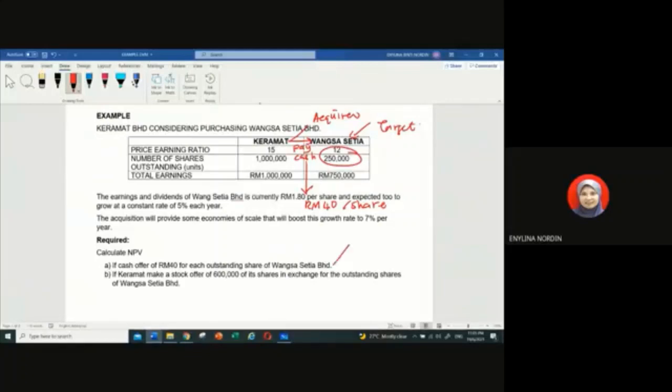So the cash offer paid by Keramat to Wangsa Setia is RM40 per share multiplied by 250,000 shares. 40 times 250,000 gives 10 million ringgit. So this is the cash offer.